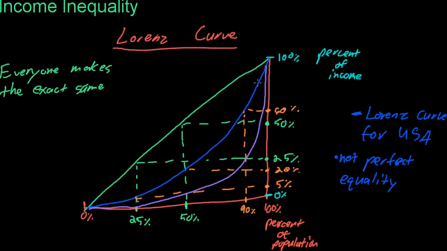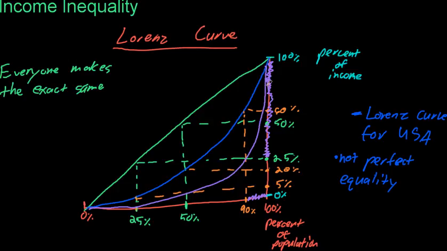So let's look at this one. In purple, we have that 90% of the population only controls 25% of the income. So the top 10% of the population, this last 10%, controls now an entire 75% of the income. So the more U-shaped, the more bent the Lorenz curve is, the more unequal the distribution of income is in a nation.